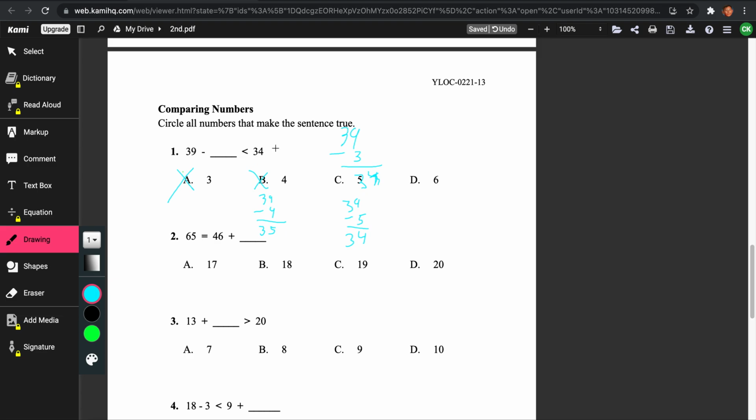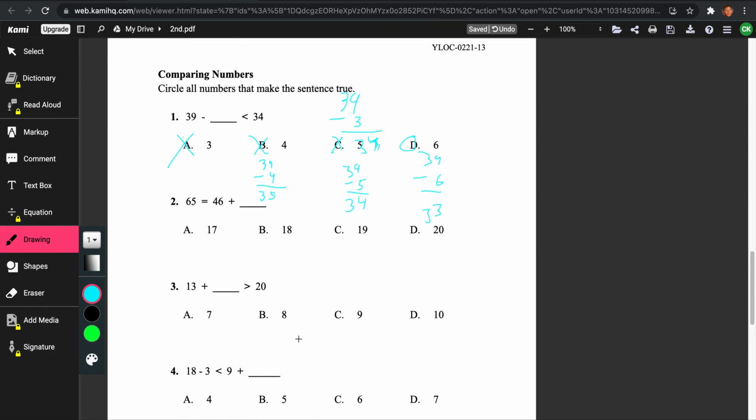And 34 is not less than 34. It's equal to. And again, 39 minus 3, that's 36. That's on me, sorry. Let's try D now. 39 minus 6. 9 minus 6, that's 3. 33 is less than 34. So D would be the answer.